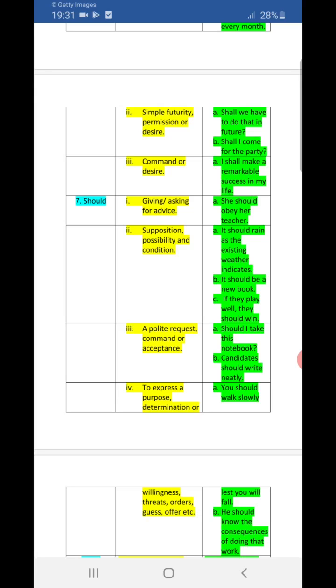That what is kept before a person, a book over here, should be new. Next one, number C. If they play well, they should win. So it's a condition that if they play well, then they should win.